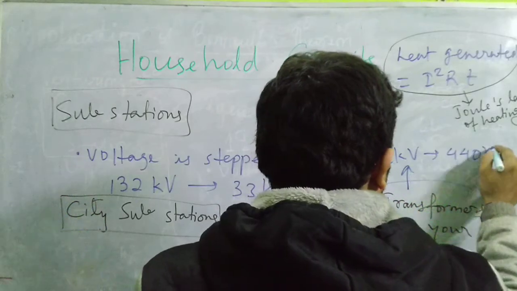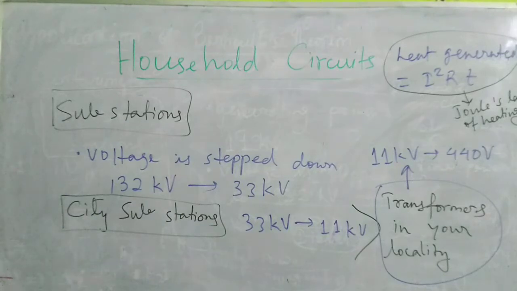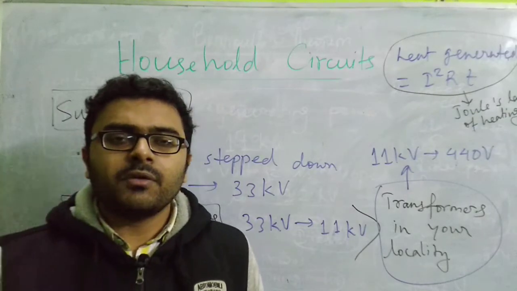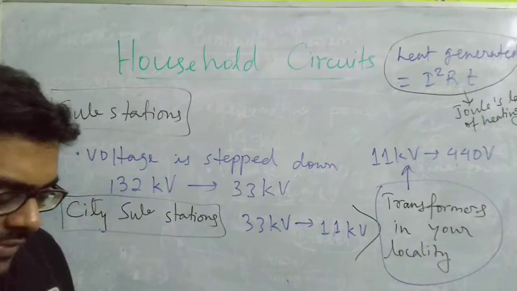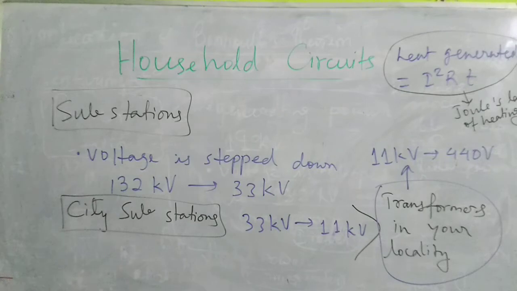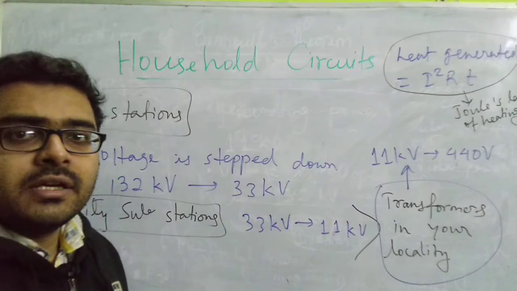Okay, so it is again stepped down, and after 440 volt, the voltage at which you receive the power at your home is generally 230 to 250 volt, or say 220 to 240 volt. So in this way the power generated in the power stations reaches your home. Now you must have noticed that the wires from the transformer in the locality enter your house through a meter box.